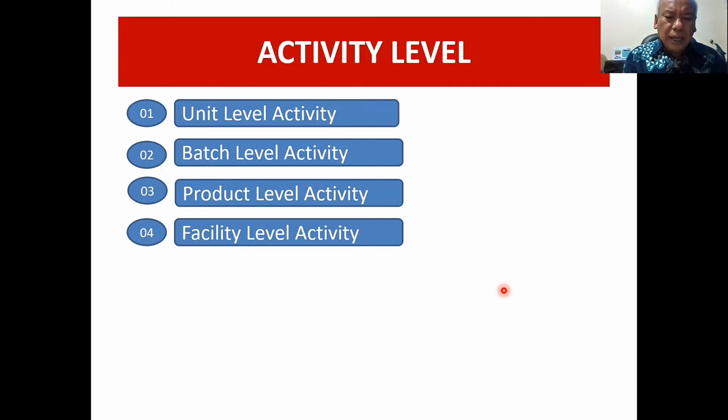What is an example of unit level activity? If we use an airline as the example, for example Garuda Airlines, unit in this case refers to the number of passengers. So what costs are related to the number of passengers?